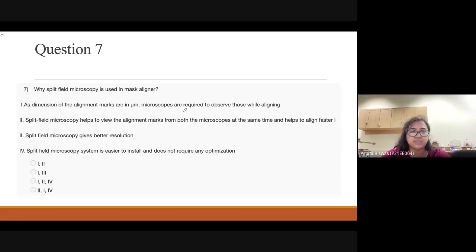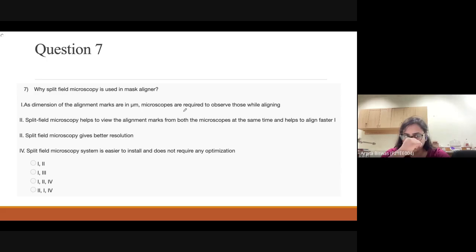So this is question 7. Why is split field microscopy used in mask aligner? First option is, as the dimensions of the alignment marks are in micrometer, microscopes are required to observe those while aligning. The second option is split field microscopy helps to view the alignment marks from both the microscopes at the same time and helps to align faster.